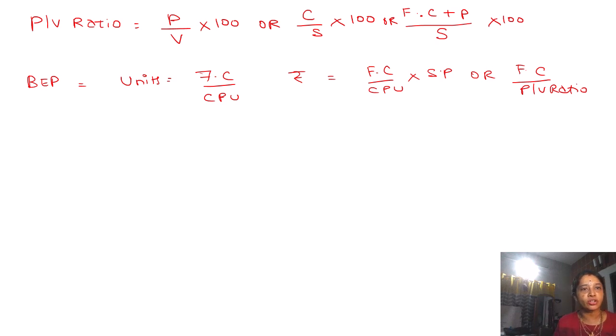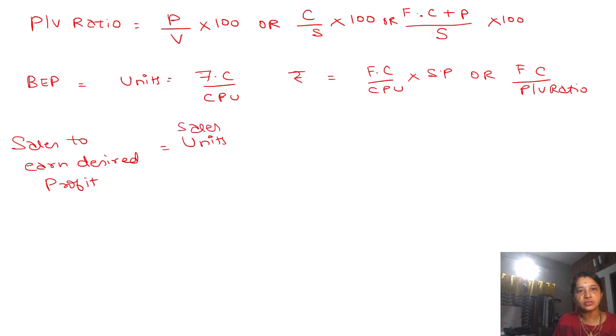Then we understood the formula for sales to earn desired profit. That also we study in units. If you want sales in units, the formula is fixed cost plus desired profit divided by contribution per unit.